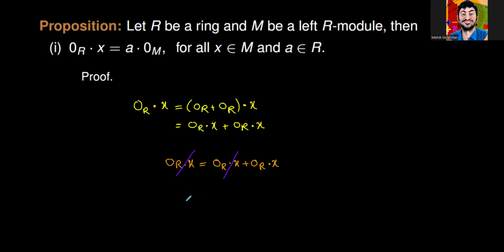So it would be 0_R times x, which is equal to 0_M. So this is 0 in M actually.